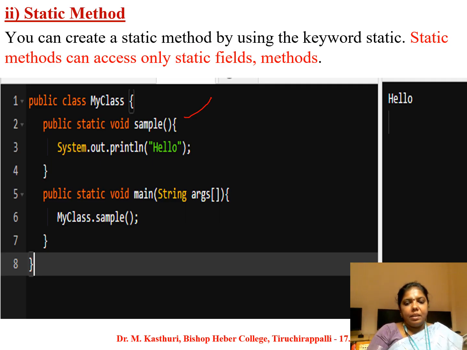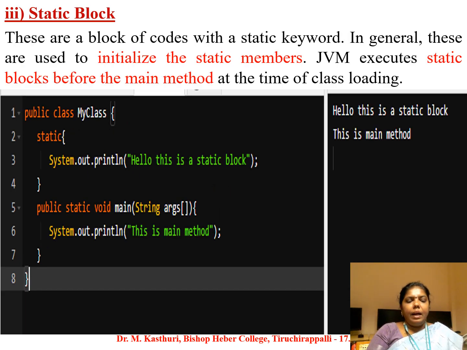Like a static variable, static members also share common properties. We can also have some piece of code as a static block, a block of code with the static keyword. In general, these are used to initialize static members.